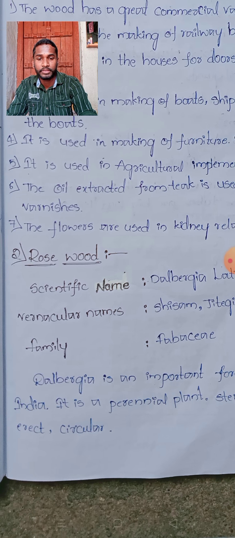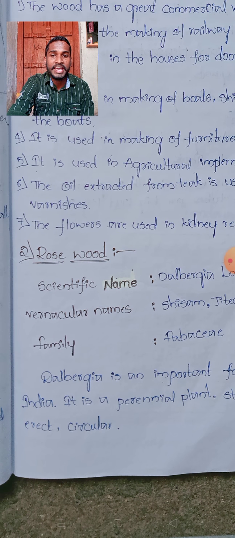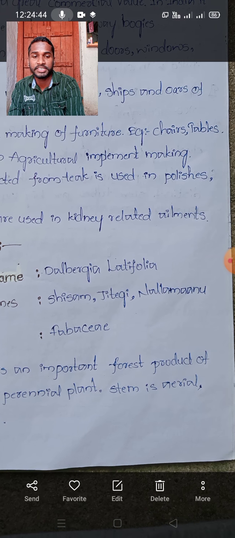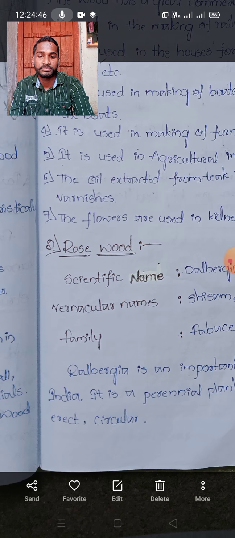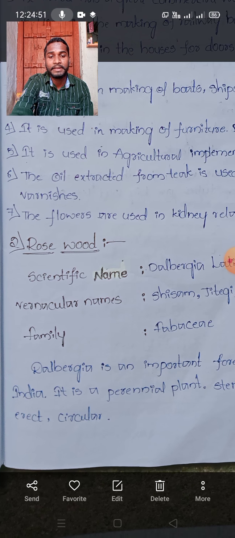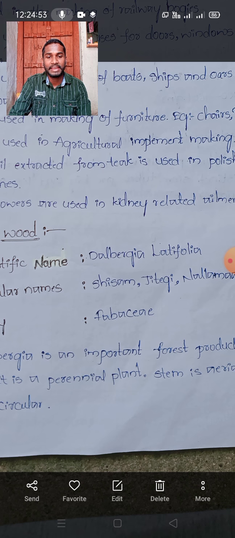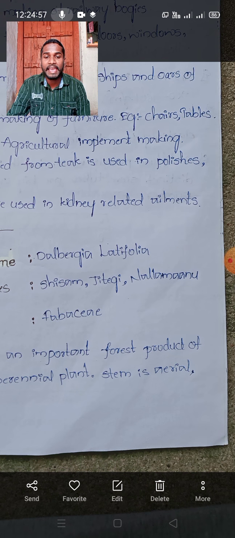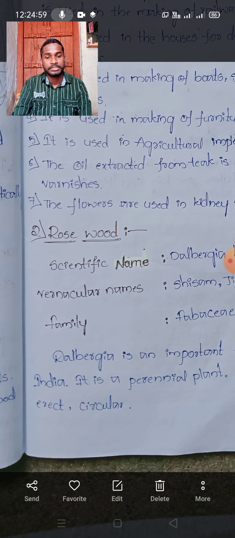Dalbergia is an important forest product in India. It is a perennial plant, and the stem is aerial, erect and circular.